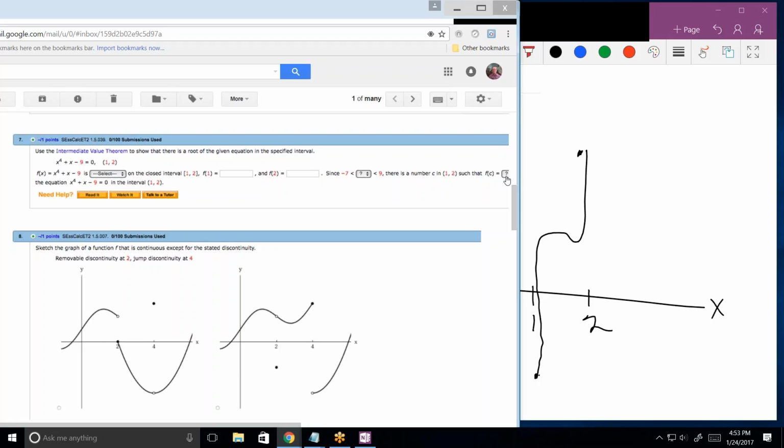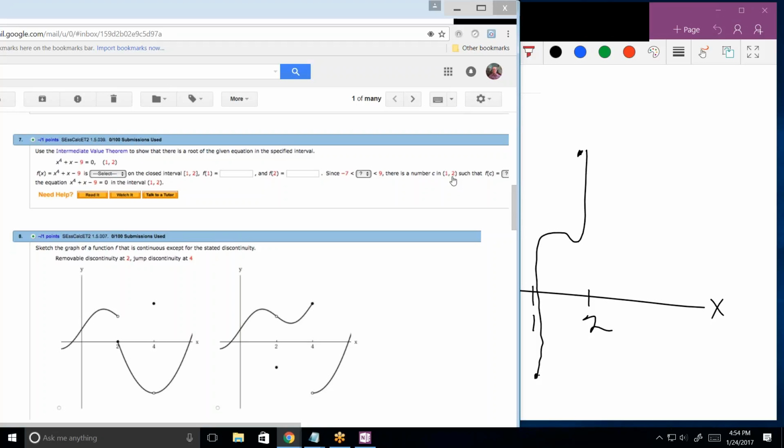We also know it could be -7 because it's a closed interval. Oh, no. Notice that they put parentheses around that interval, as opposed to the original interval, which was a closed interval, which means we actually included 1 and 2, whereas this does not include 1 or 2.